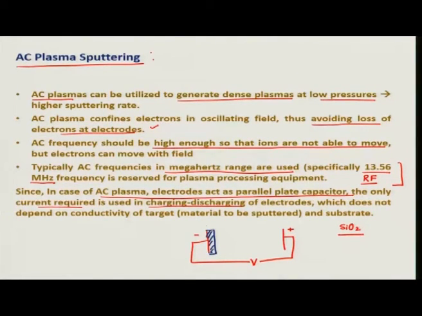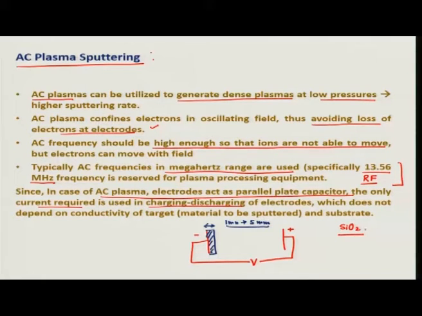Now, suppose this target thickness is of the order of 1 to 5 millimeter, typical thickness, because you want to deposit this material onto the substrate not more than a few microns, a few hundred nanometers at a time. So, this is the thickness.